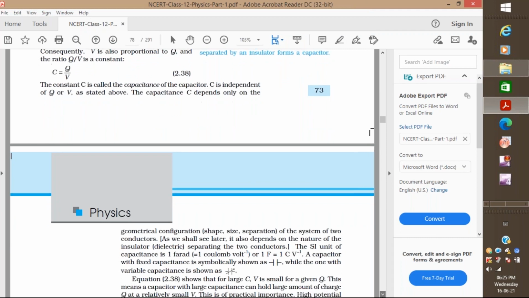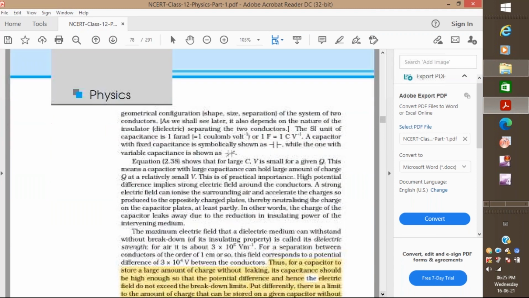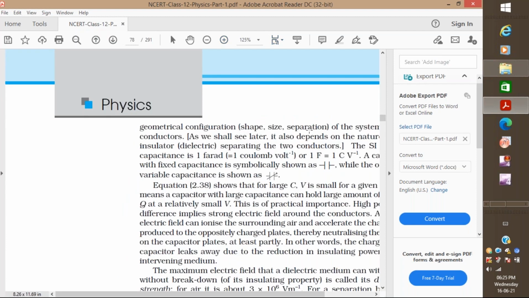See, that depends on the shape and size, and the separation between the conductors you have used. So you can remember that capacitance depends on the geometry of the conductors. It depends on the shape, whether it is spherical, whether it is cylindrical, whether the conductors are plane surfaces or something like that, and what the separation between them is.